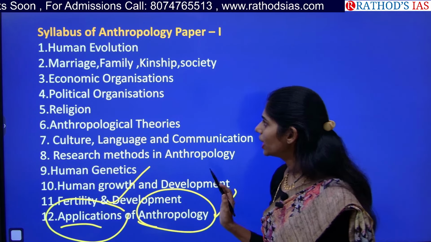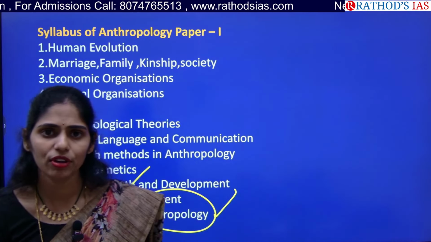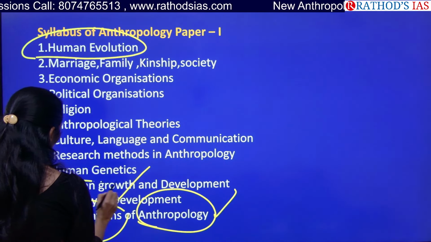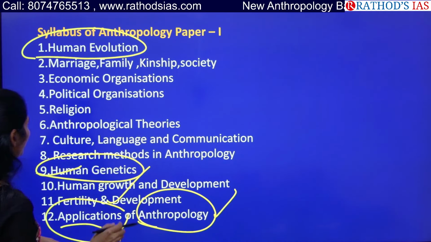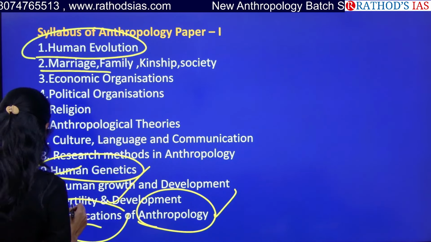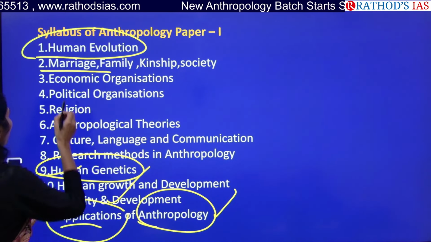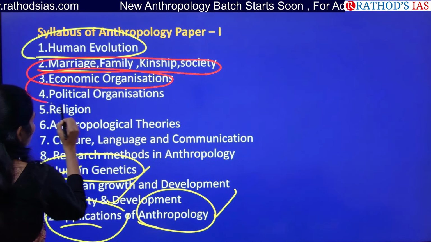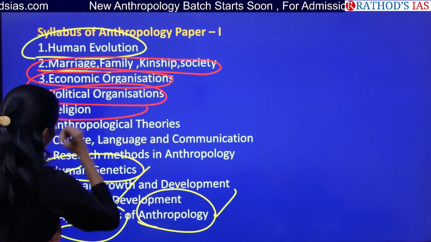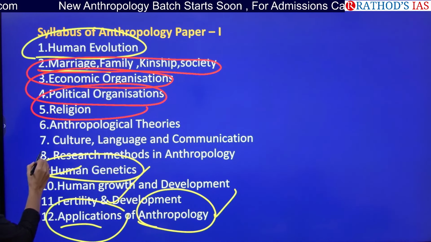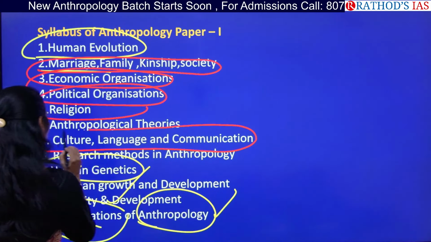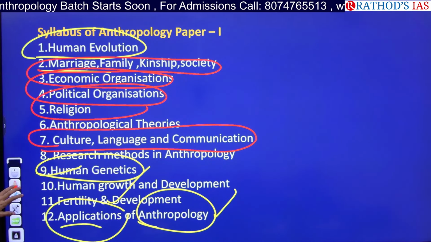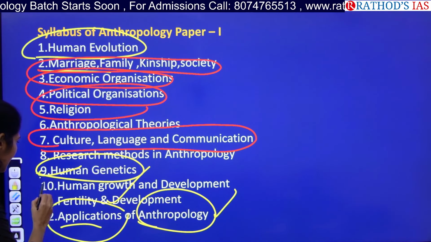Okay, so in this paper one, human evolution is a biological topic and human genetics is a biological topic. Marriage, family, kinship is entirely socio-cultural anthropology, and even economic organization, political organization, religion. And even culture, language and communication is also socio-cultural anthropology. Okay, and some part of human growth and development is science.